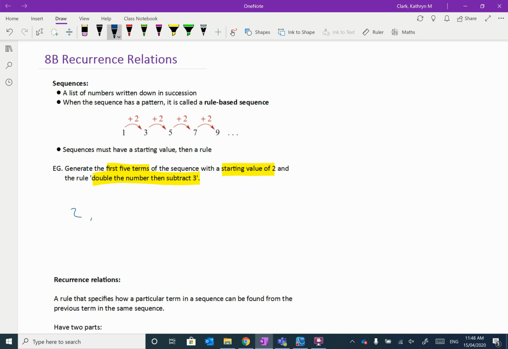So 2 times 2 is 4, subtract 3 is 1. 2 times 1 is 2, subtract 3 is -2. 2 times -2 is -4, subtract 3 is -7, and then 2 times -7 is -14, subtract 3 is going to be -17. So here we've got term 1, 2, 3, 4, and 5.